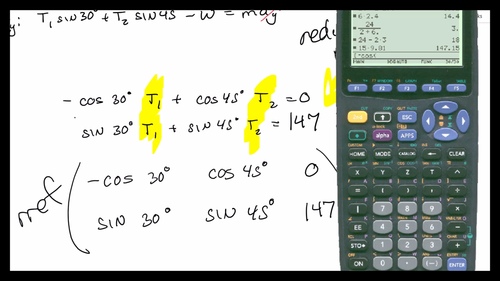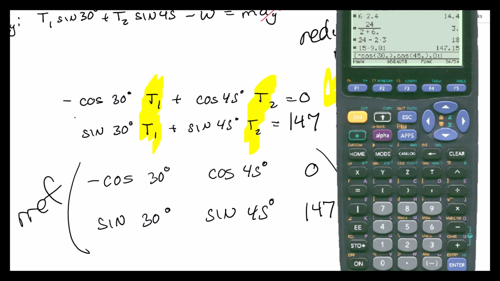Am I in degrees? Yes. Cosine 30, comma, cosine 45, comma, 0. New line is a semicolon. There.